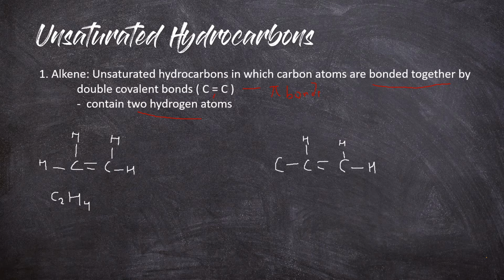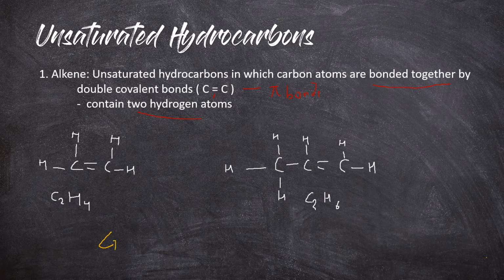So how many carbons? Carbon 3. Hydrogens: 1, 2, 3, 4, 5, 6. So carbon 3, 6 hydrogen.